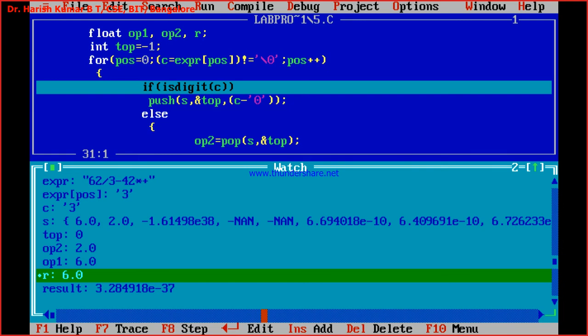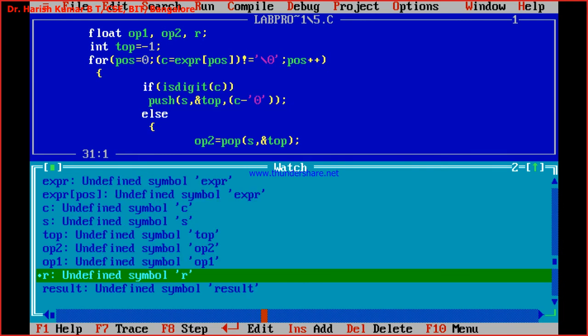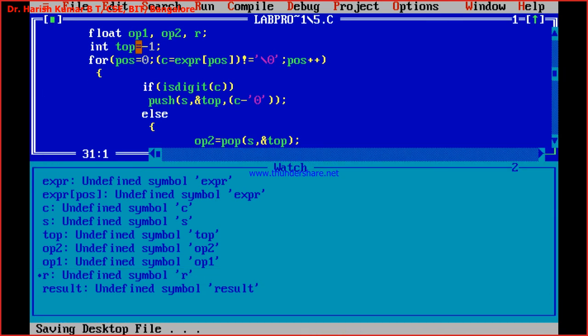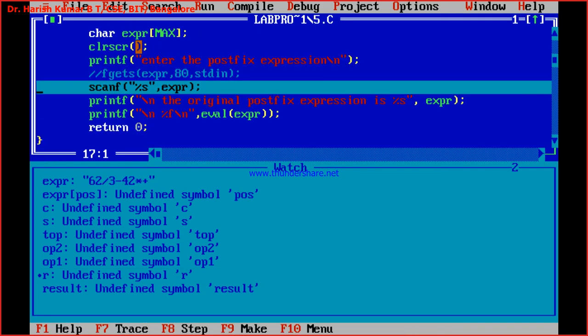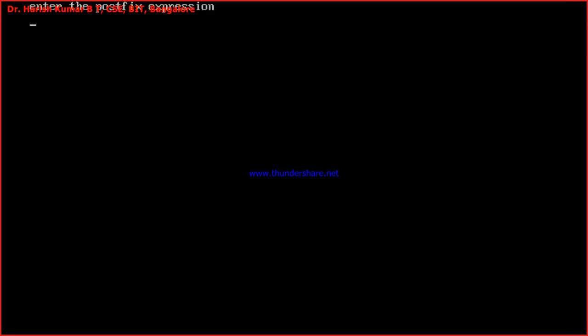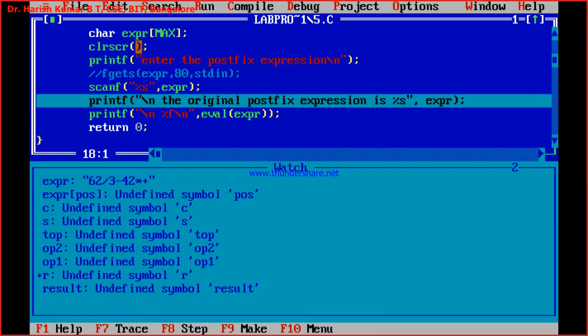Let me do it from the beginning. Sorry. 6 2 divided by 3 minus 4 2 into plus. So I'll be careful now.